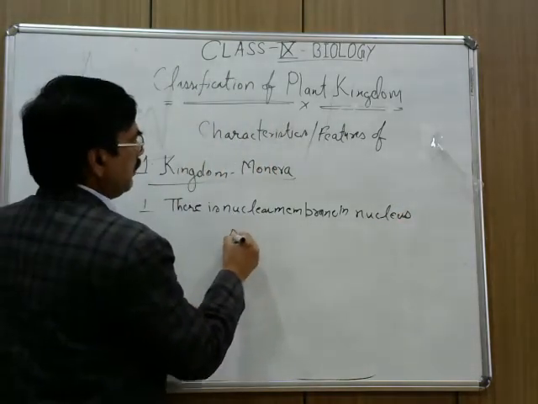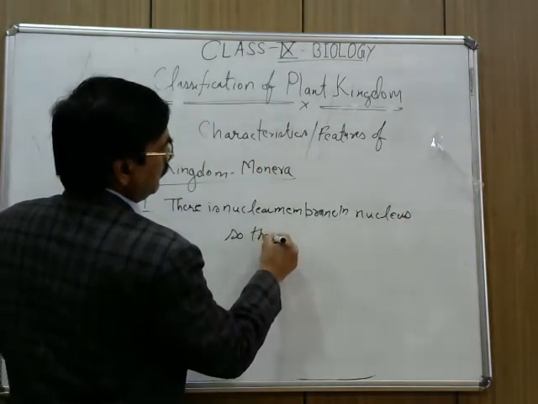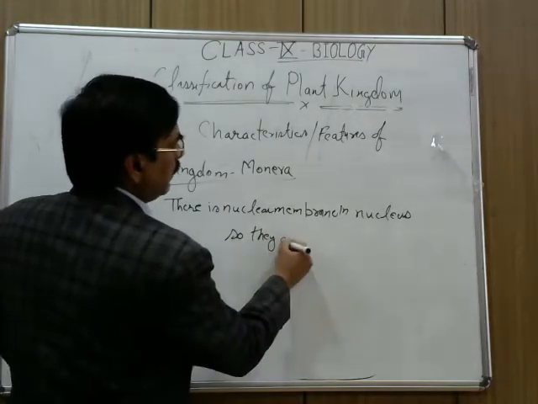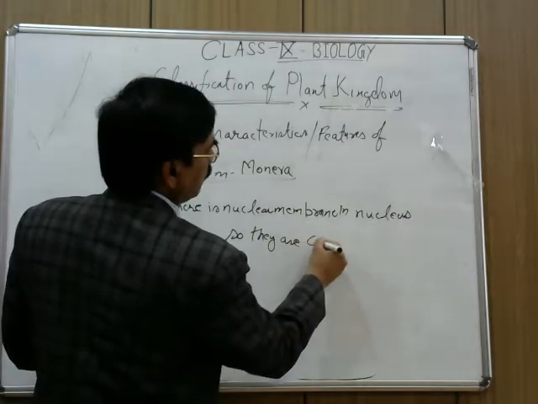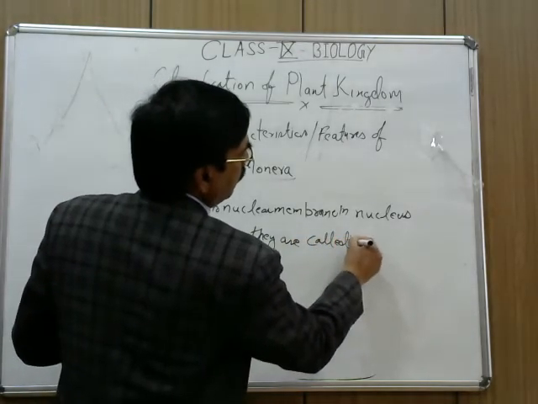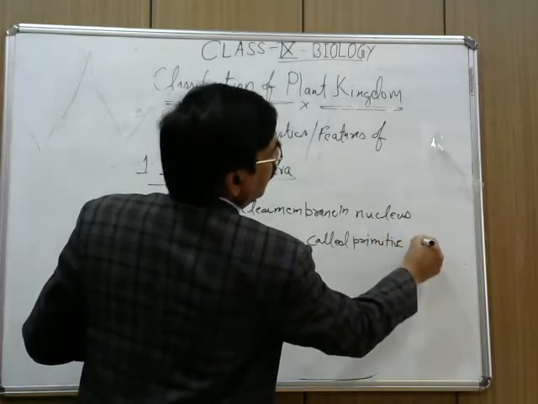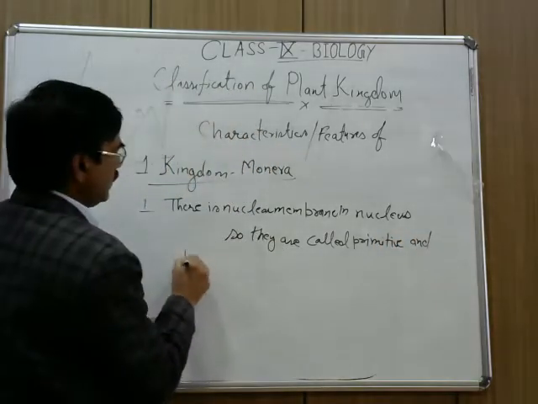So they are called primitive, and the nucleus is called nucleoid.